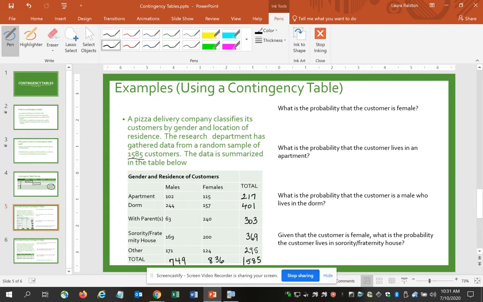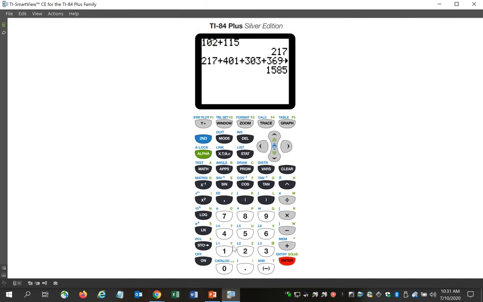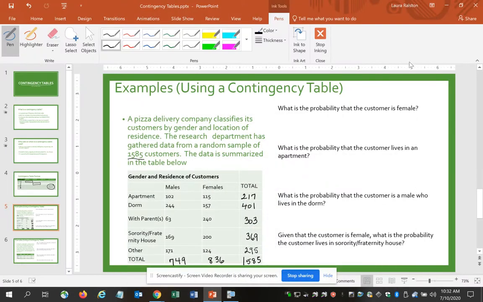And again, if I add those totals, 749 plus 836, I should get my sample size of 1585. Okay, so I can do that. 749 plus 836 and I do get 1585. Again, that just assures me that I haven't made a calculation error.